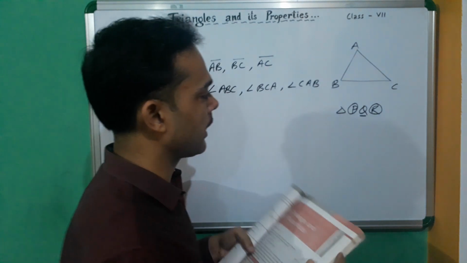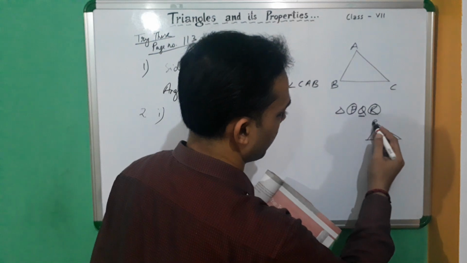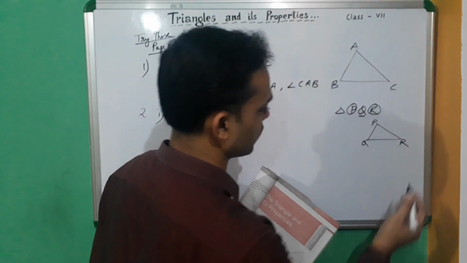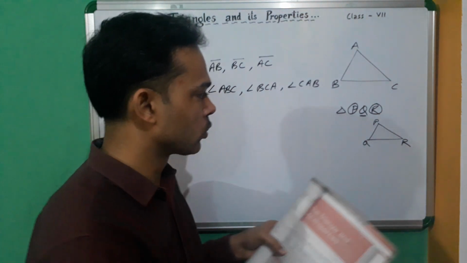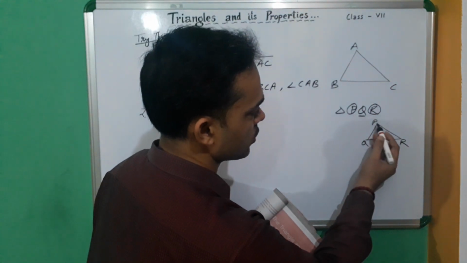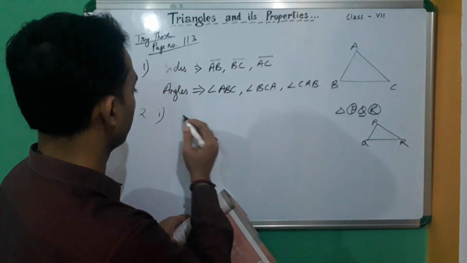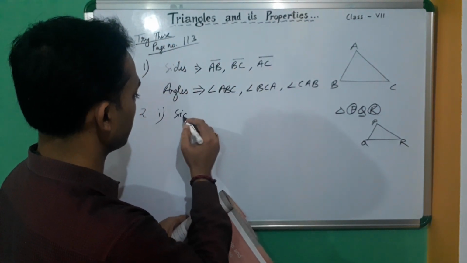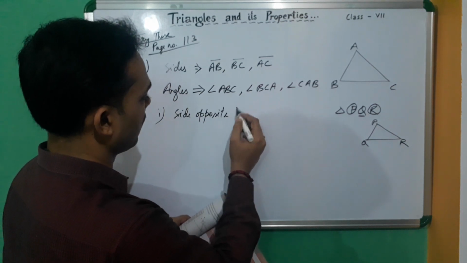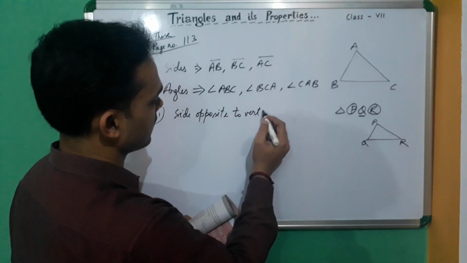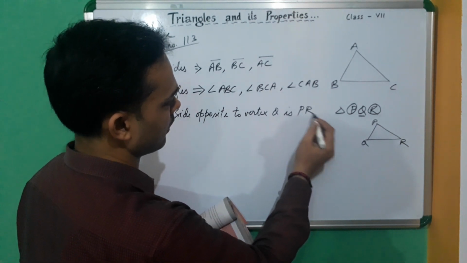Also you can understand it by drawing the triangle PQR. For example, this is triangle PQR. This is Q, so the side opposite to vertex Q is PR. So you'll write, side opposite to vertex Q is PR.